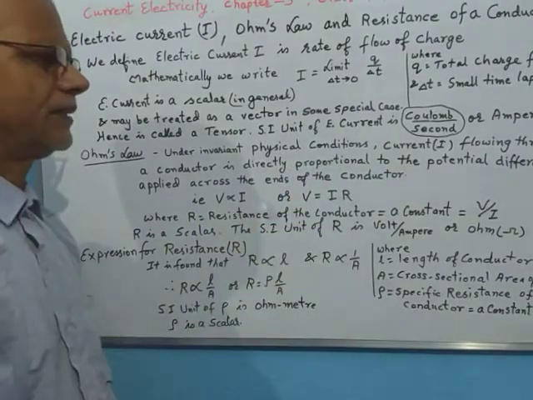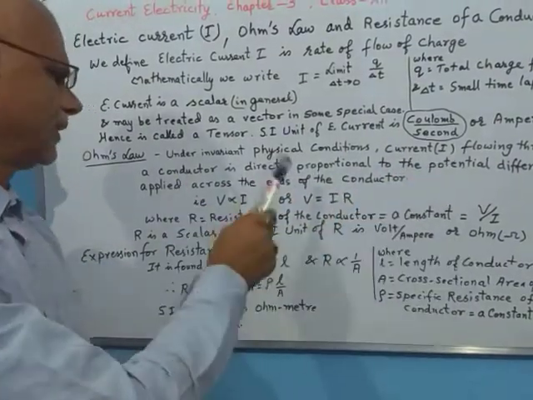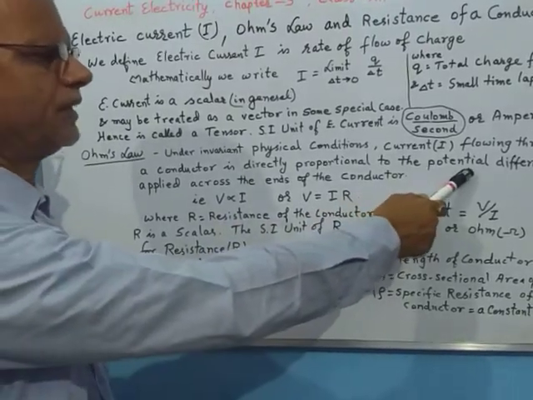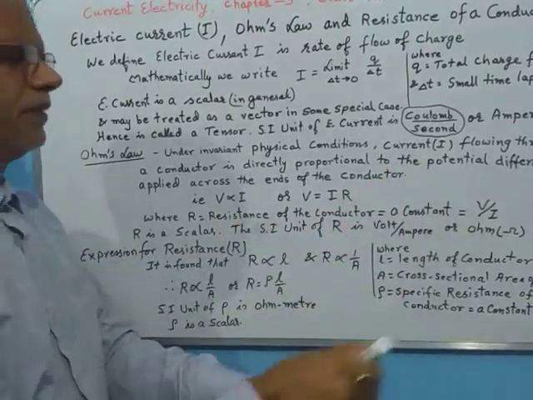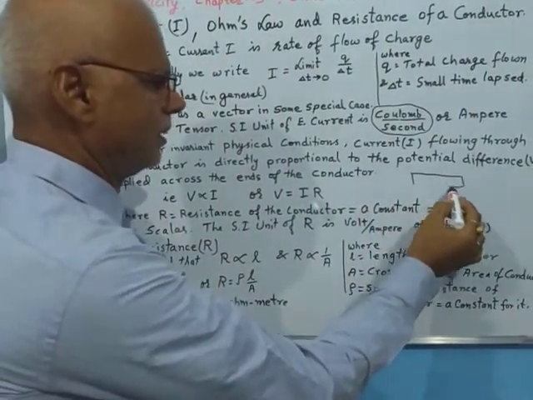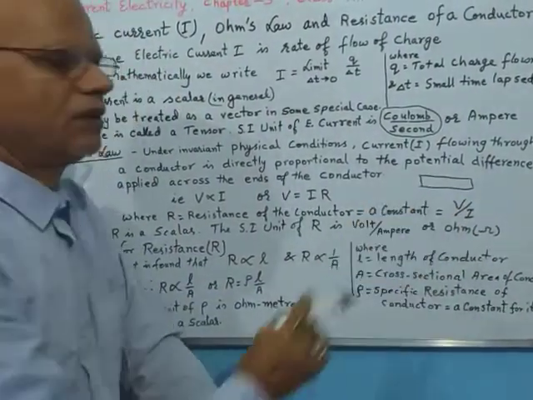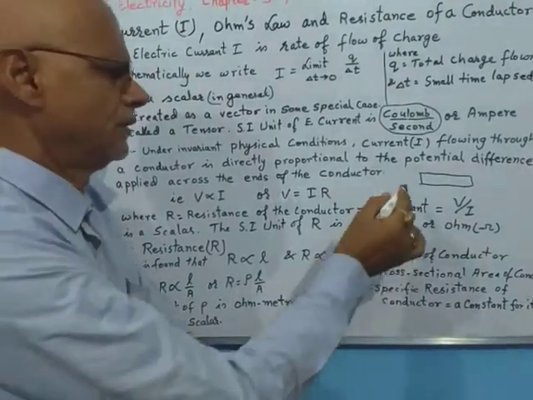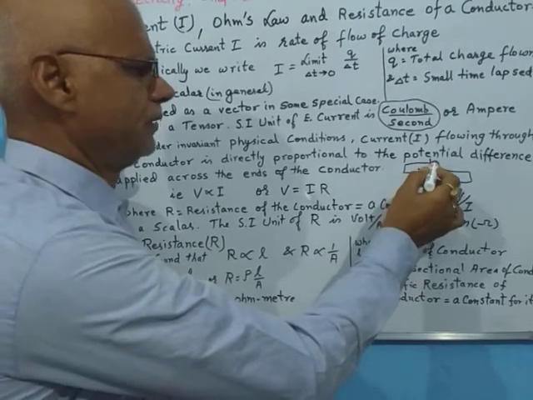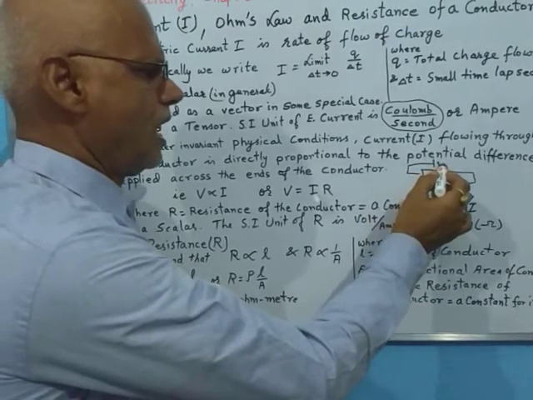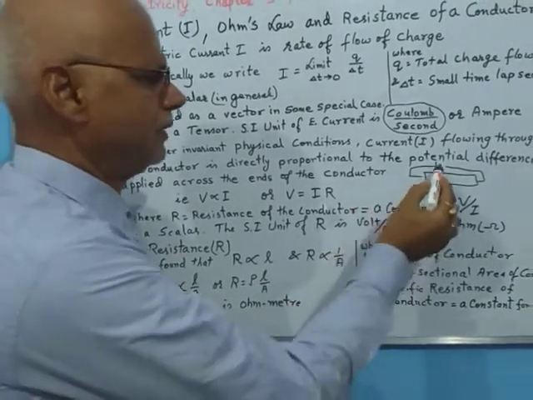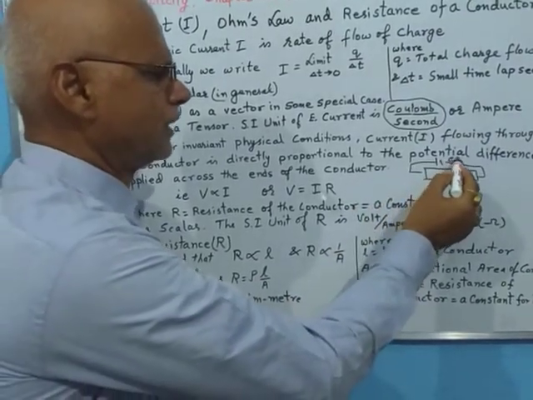We have just discussed that the current flowing through the conductor is directly proportional to the potential difference applied across it. Say for example we have a conductor over here, and we apply a battery of 6 volt across it, then the current flowing through it will be double that flowing through the conductor when we apply only 3 volt across the conductor.